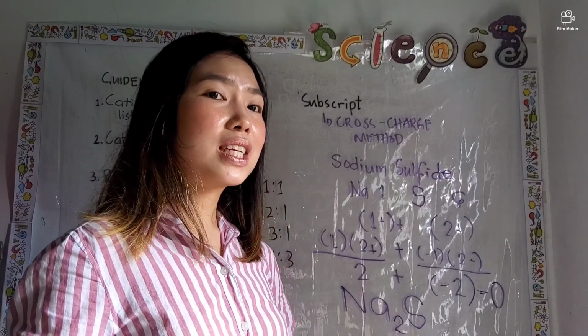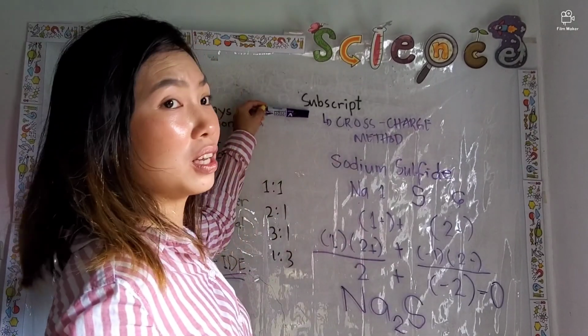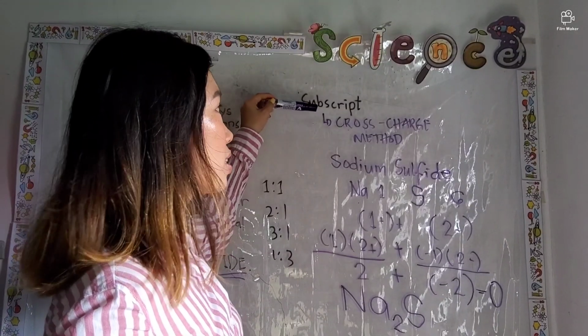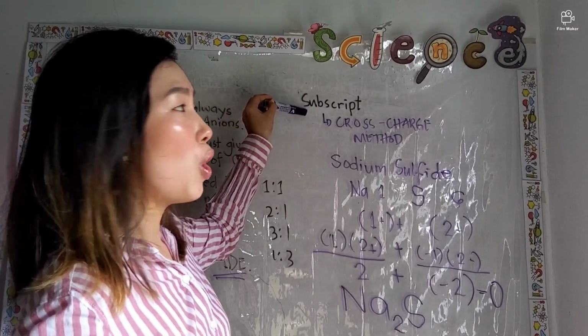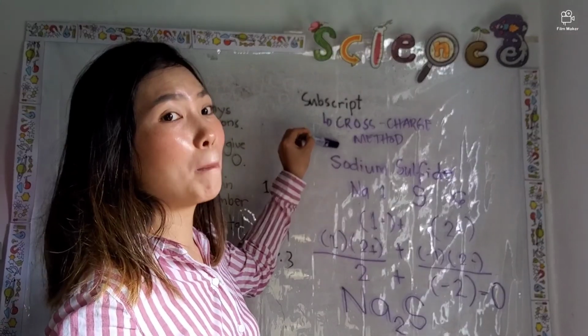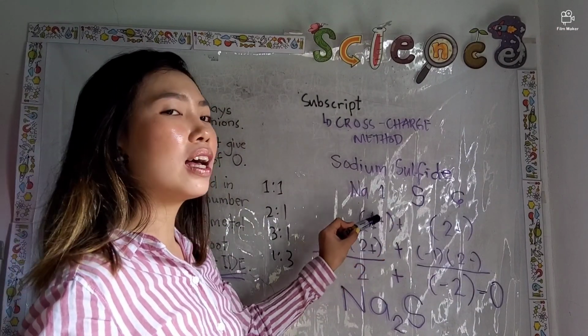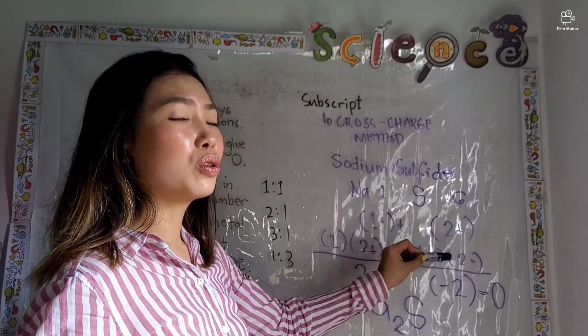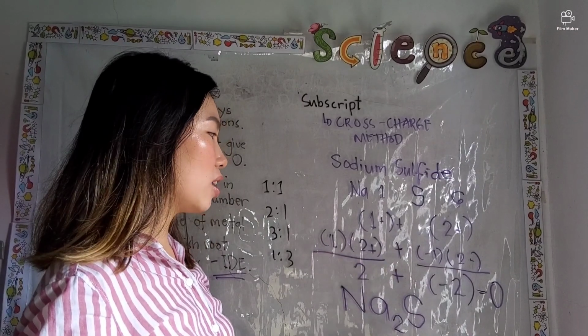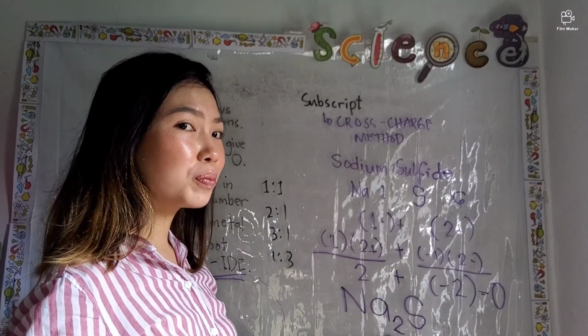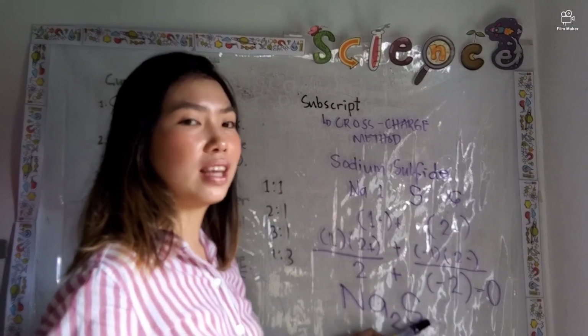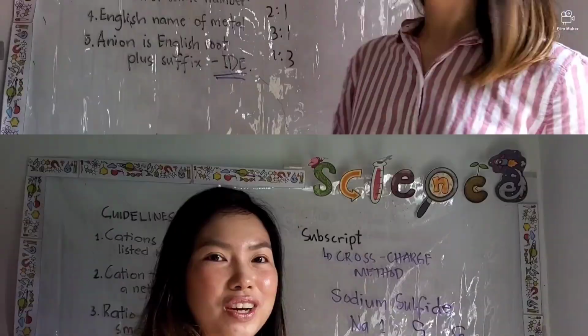So, yan yung sinasabi nating subscript. Subscript is the result of the cross-charge method. Dahil pinag-cross natin sila, yung charge ay madadala, kaya napunta na dito ang 2, at yung 1 na ang nasa sulfur.